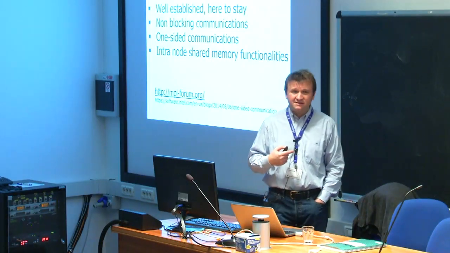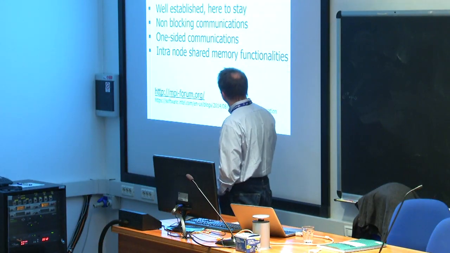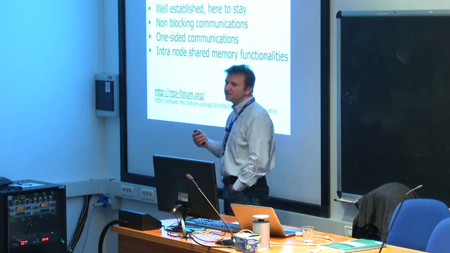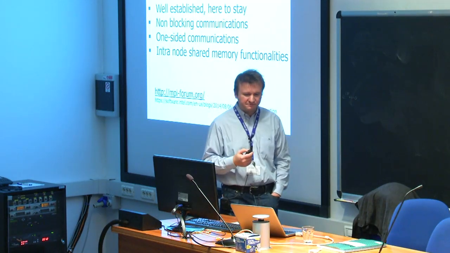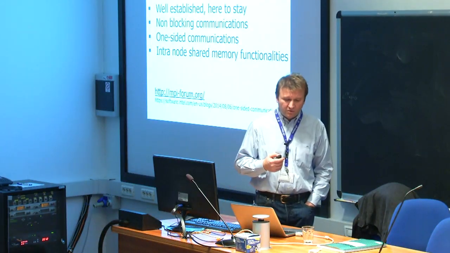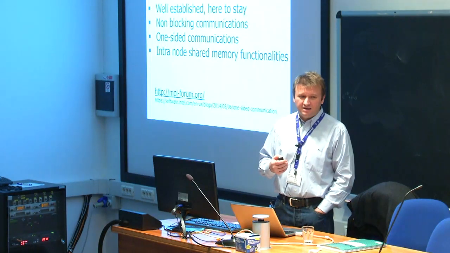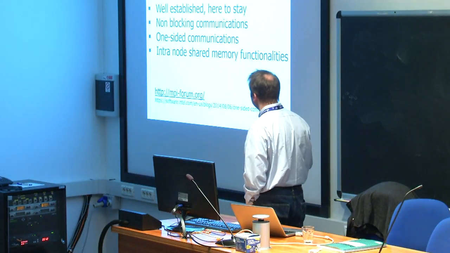So the problem is that the old MPI standard, which was based mainly on so-called blocking collectives, was not able to deal with the problem of minimizing the communication latency.